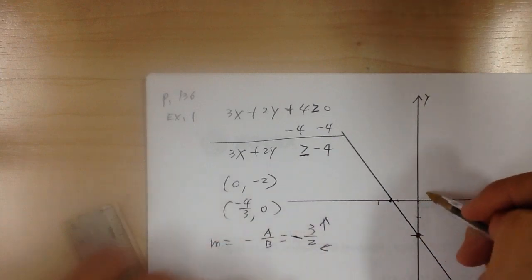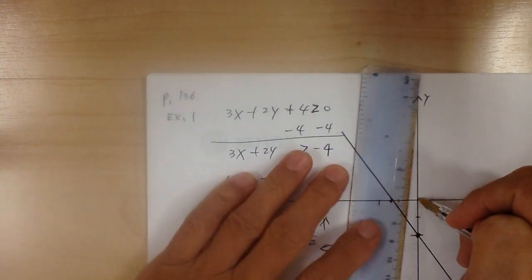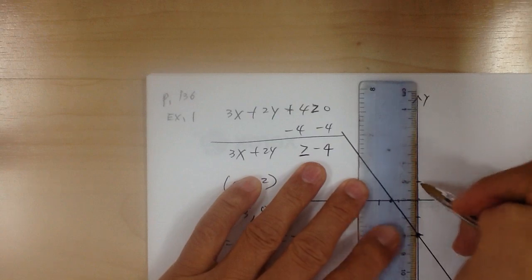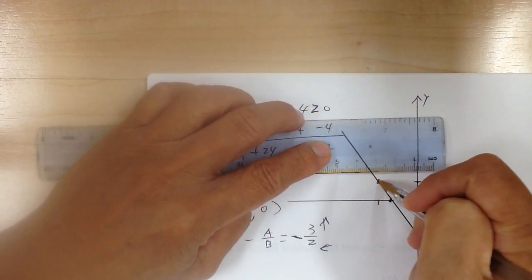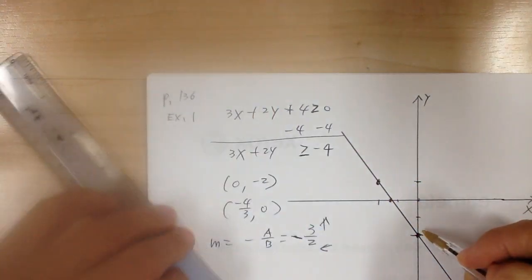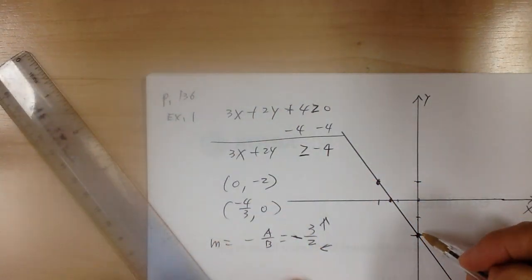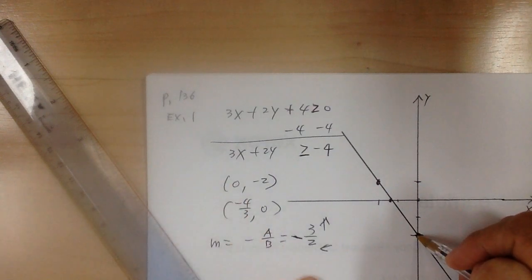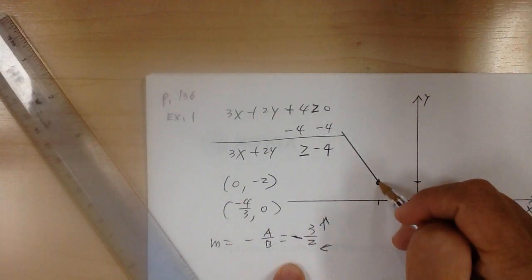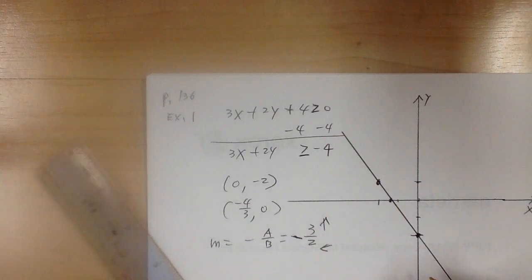So that's another way. You can go up 3 and over 2, and you get this point instead of over here. This gives you probably a nice point. So once you get a point, you can use it as a starting point, and go up 3, go over 2, using your graph.